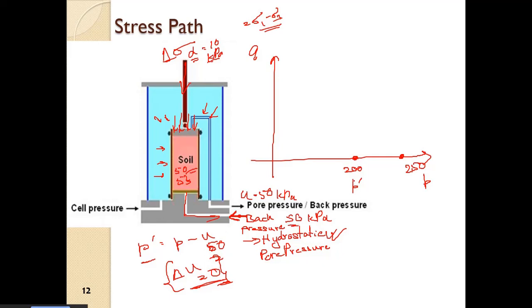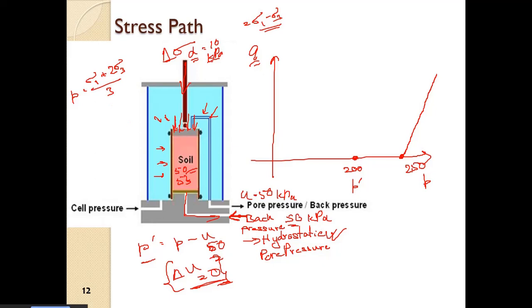Only this will remain. So here, as I go on applying sigma D, there will be an increment in Q, and this point will now move in this direction, like this. Alright, or if you remember, P is equal to (sigma 1 plus twice sigma 3) by 3.